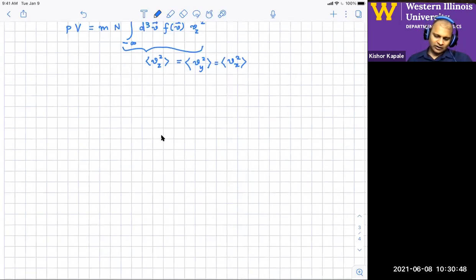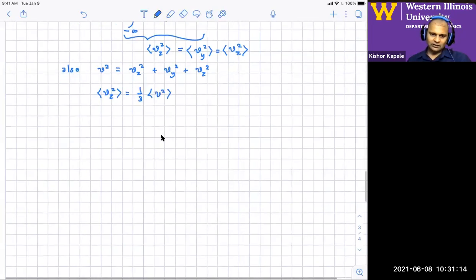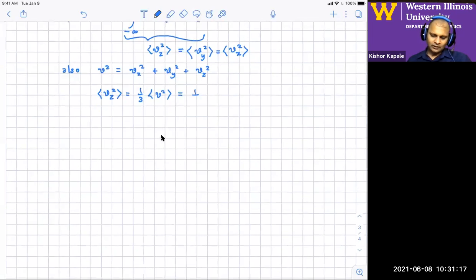And also because we know v squared is equal to vx squared plus vy squared plus vz squared, vz squared is going to be 1/3 of v squared. We're just basically trying to simplify the integral, with the help of something called the Gaussian integral idea.